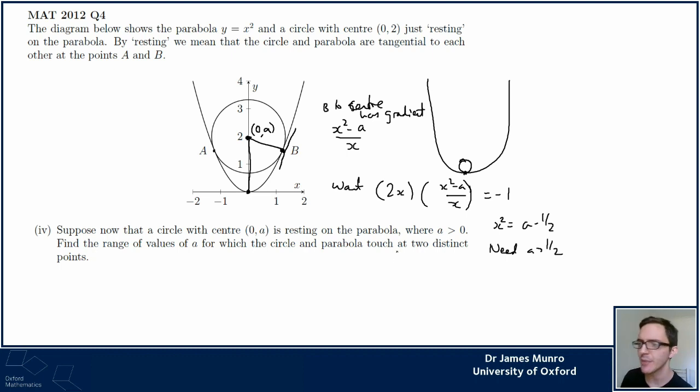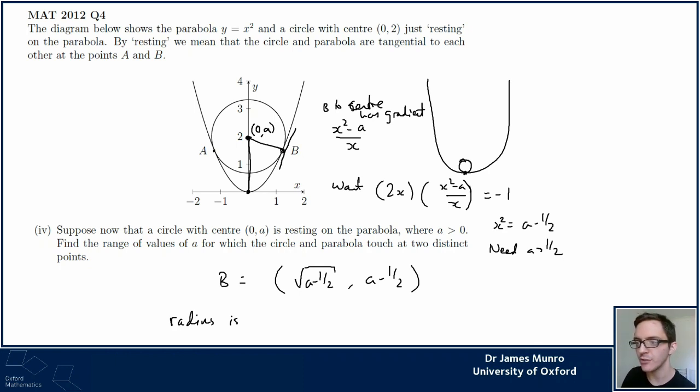Maybe that's the answer. Let's follow through just to make sure. So in that case, the radius, and we need this for part 5 anyway, but I'm planning to find the radius since that was my initial idea. In that case, the coordinates of that point are root A minus a half, A minus a half, that's where B is, and what is that radius?